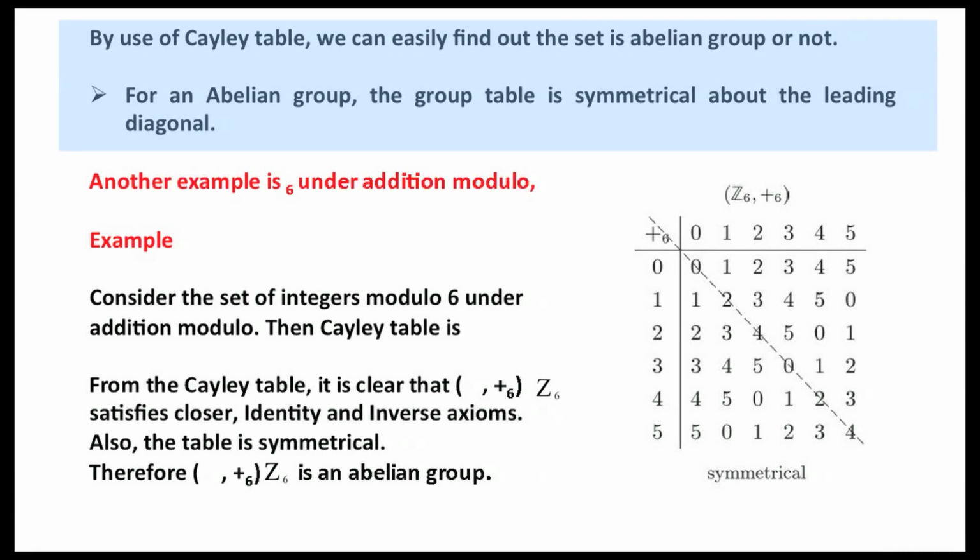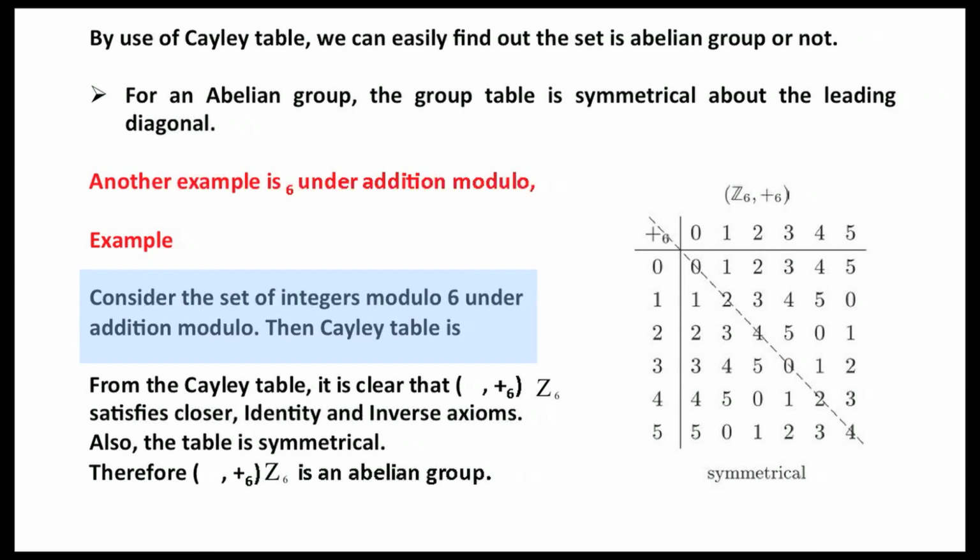For an Abelian group, the group table is symmetrical about the leading diagonal. Another example is Z6 under addition modulo. Consider the set of integers modulo 6 under addition modulo 6. Then the Cayley table looks like this.